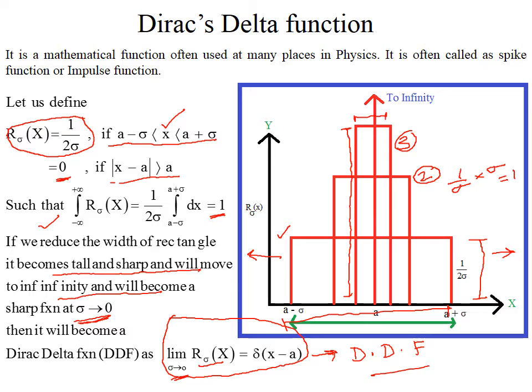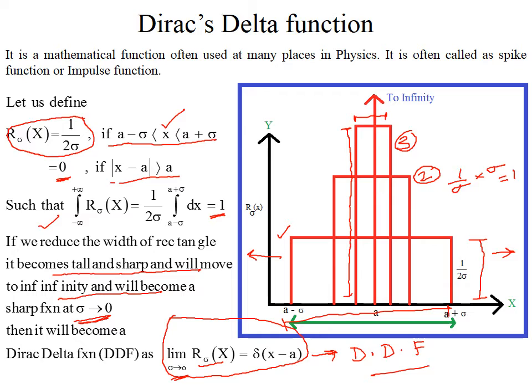In the second example, you can see I have reduced the width of this rectangle. Due to the reduction of the width, the length increases. And again, even as the length increases, the total result remains the same.